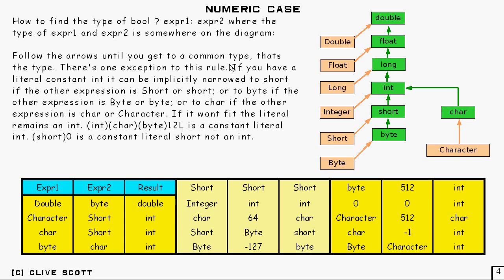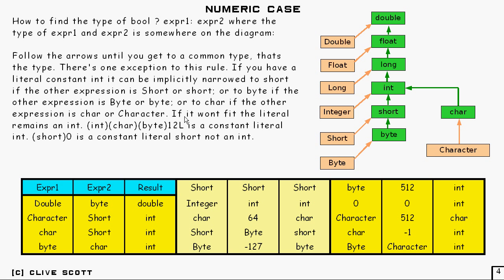Now there's one little extra thing to remember. There's a little exception to this rule here, and that is if you've got a literal constant int. In that case it can be implicitly narrowed to short if the other expression is short or its wrapper class, and it can be implicitly narrowed to byte if the other expression is byte or its wrapper class, and it can be implicitly narrowed to char if the other expression is char or its wrapper class.